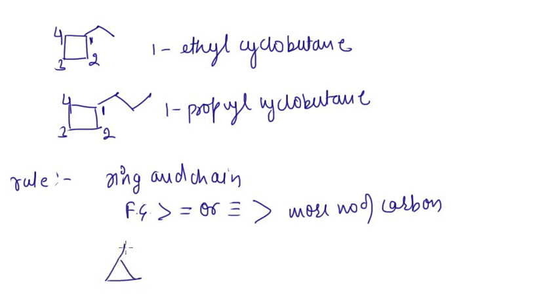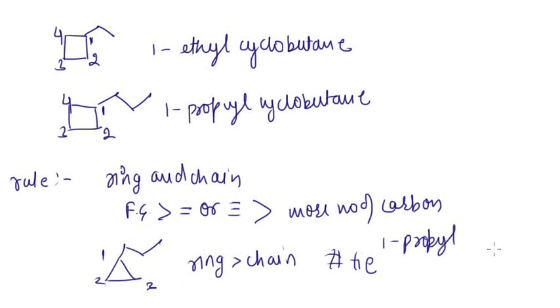If there are 3 carbons in the chain and the ring also has 3 carbons, then in a tie between the number of carbons in ring and side chain, the ring is prior to the chain. So here its name is 1-propylcyclopropane. So we have seen it theoretically, but let's look at the problems and how we will name them.